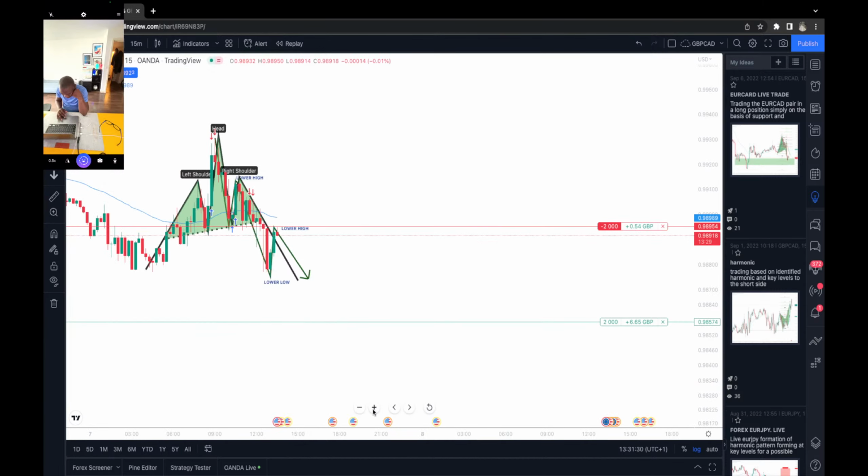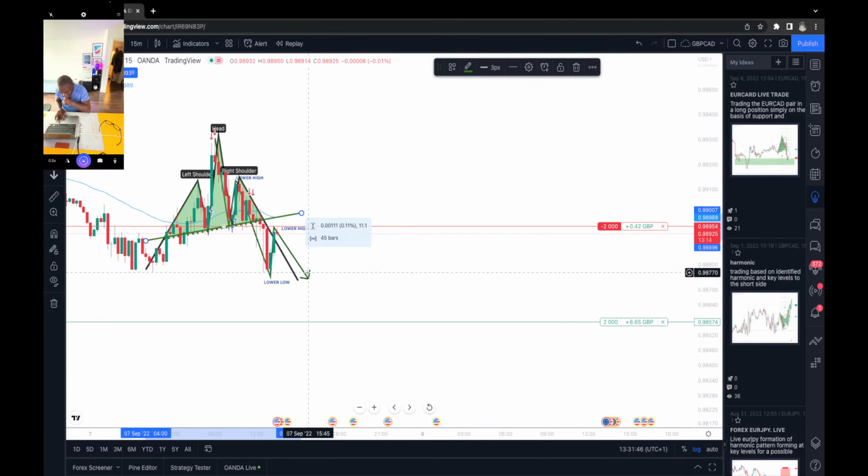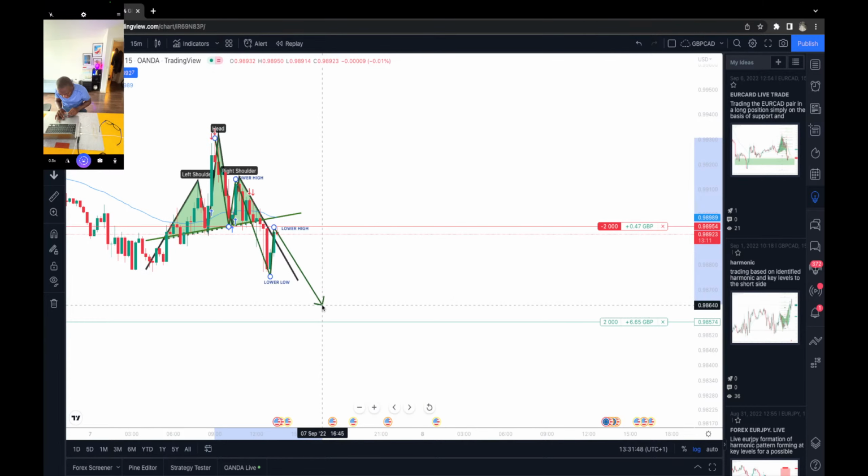But yeah, so that's the head and shoulder pattern there. So what I believe will happen is price may retrace up onto this level, before it starts moving down again. That's the trading plan, and that's what I hope to achieve.